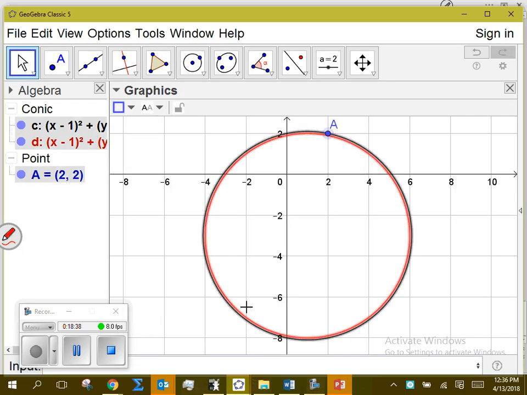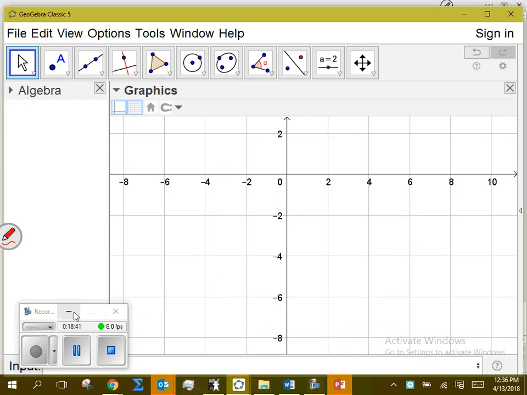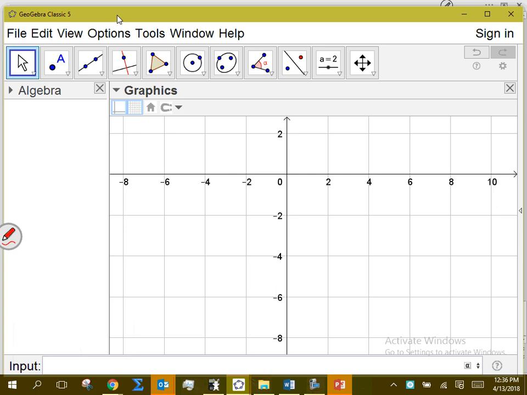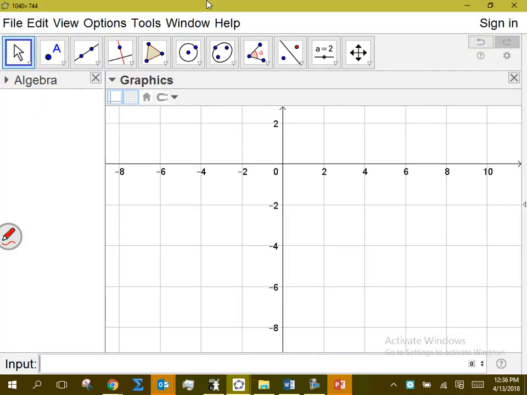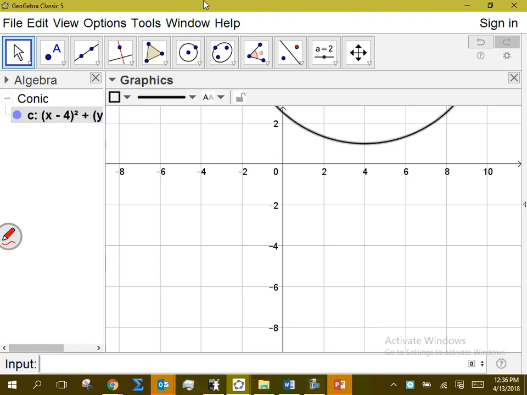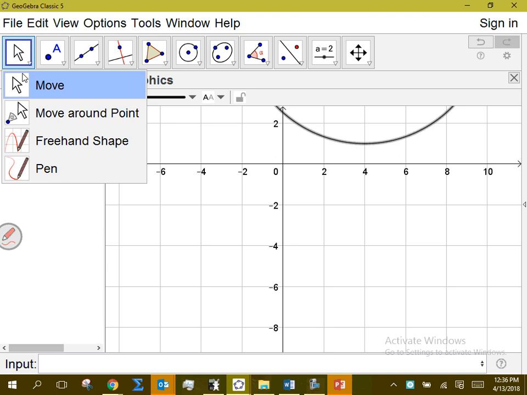Desmos doesn't do this, but GeoGebra does. I believe when I put in a circle, it'll tell me the area of it, maybe. Try real quick. So we're at (x - 4)^2 + (y - 7)^2 = 36. Okay. Maybe it doesn't.